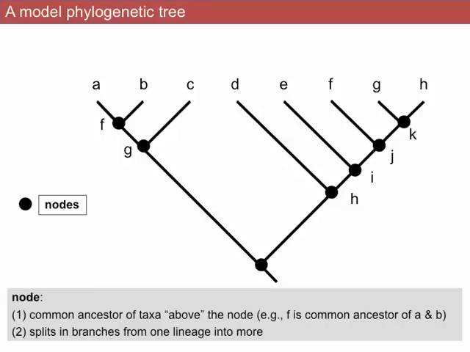So if we look at A and B, their most recent common ancestor is represented at this node labeled F. I'm being very specific here, saying most recent common ancestor as opposed to just common ancestor, because anywhere along the branch leading up to F are common ancestors of A and B. The node at which the split occurs to lead to A and B is the point at which the most recent common ancestor existed for those two taxa.